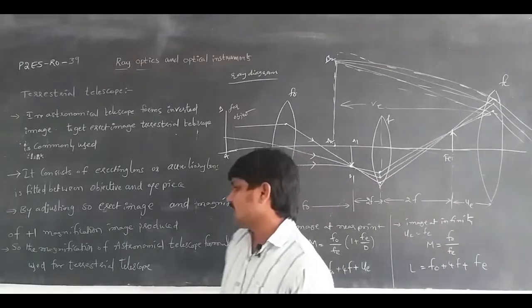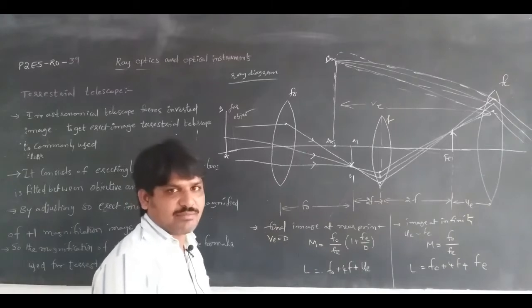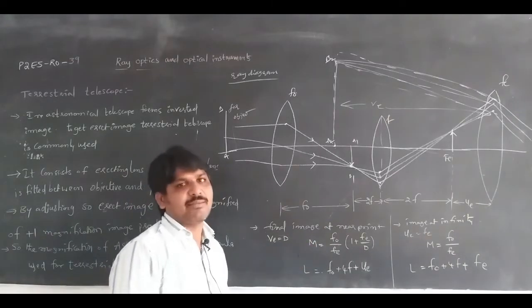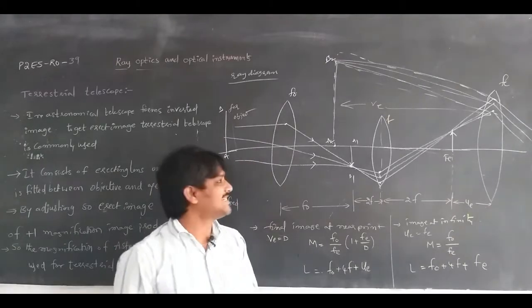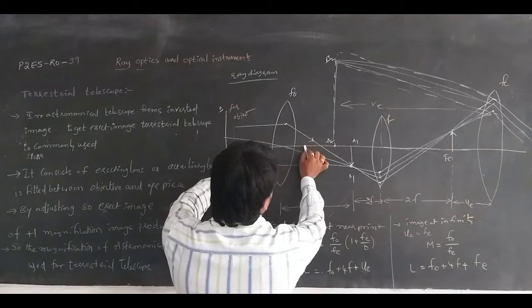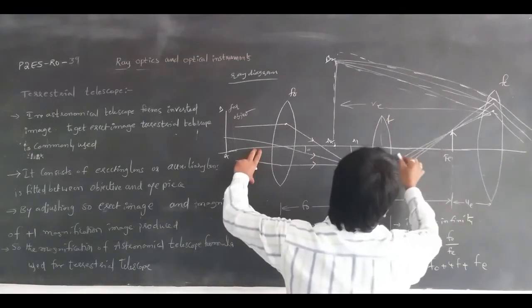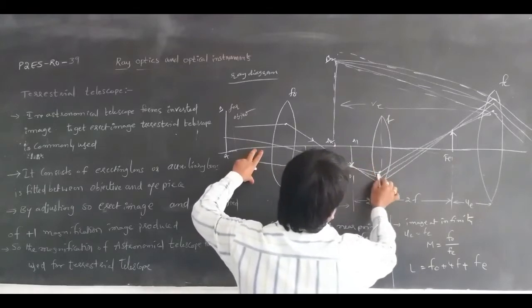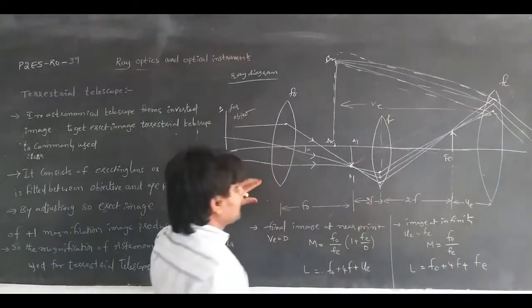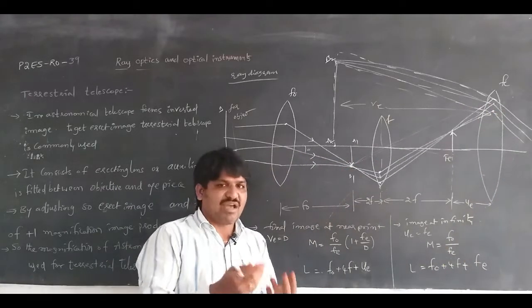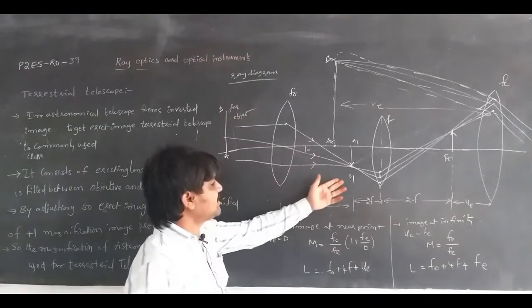The magnification formula of the astronomical telescope is also used for the terrestrial telescope. From that formula we know the magnification is the angle subtended by the image divided by the angle subtended by the object at the objective lens, alpha.